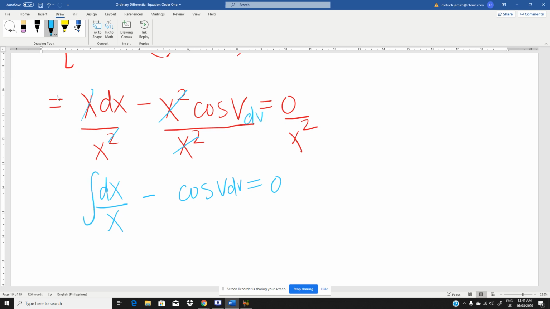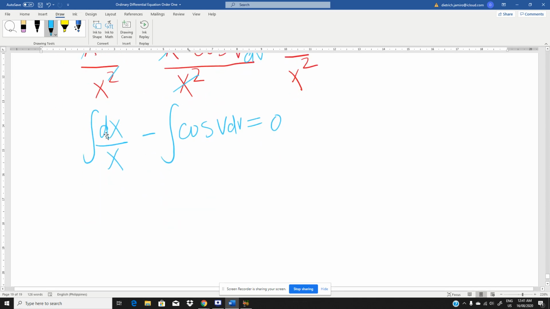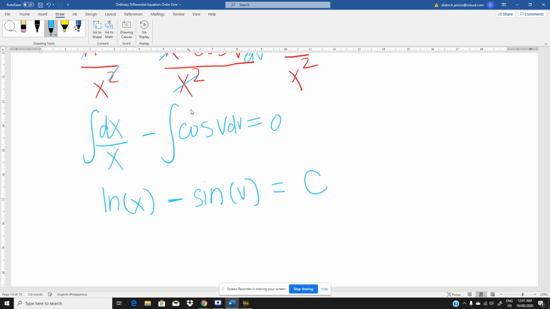So integrating both sides, we will have integral of dx over x, which is equivalent to ln of x, minus integral of cosine v dv, which is equivalent to sine of v, and then is equal to c. We know that the value of y is equal to vx.